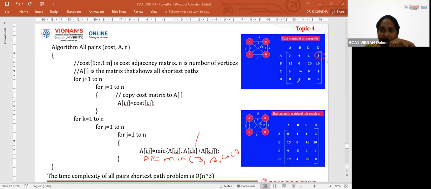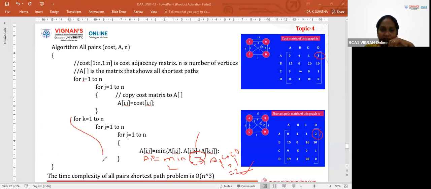A to C is 1, plus C to D. What is C to D? C to D is 1. It is nothing but 2. So directly A to D is 3, but when I move A to C, C to D, it becomes 2. Out of these two, 2 is minimum. So the A to D value is updated as 2.